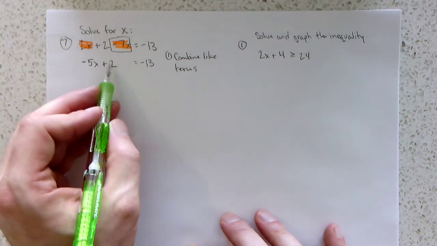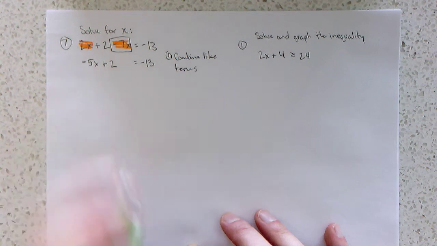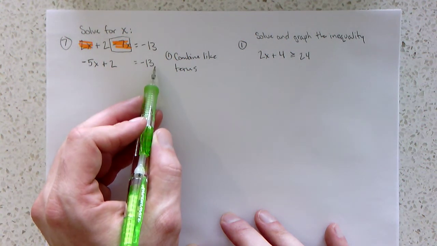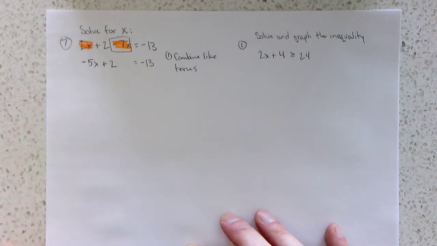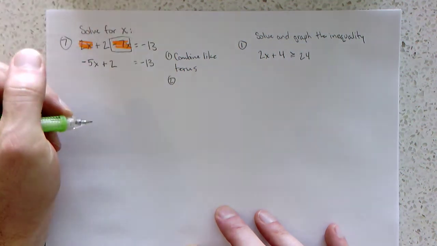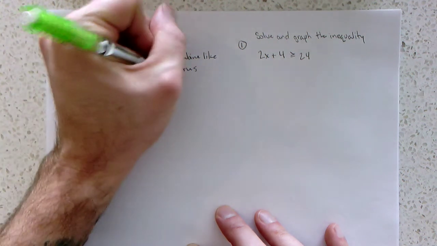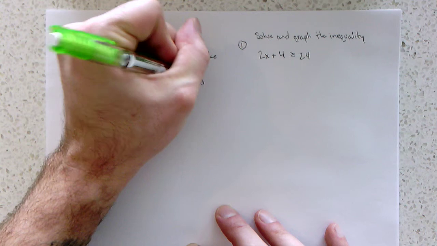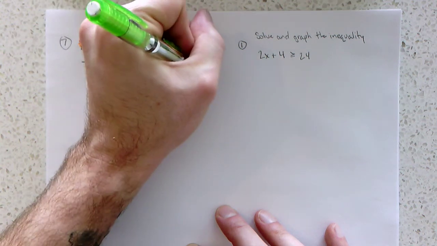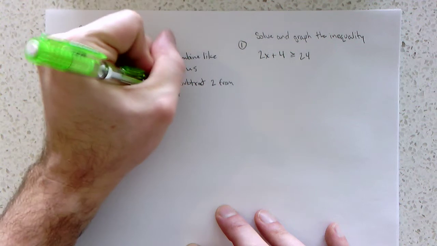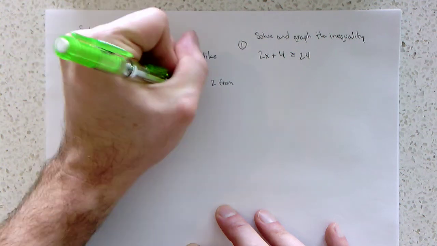All right, and so now I want to get this 2 over with the negative 13 in order to combine those like terms. So the second part is to subtract 2 from both sides.